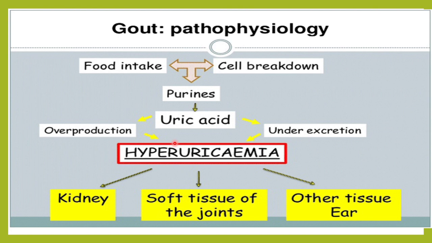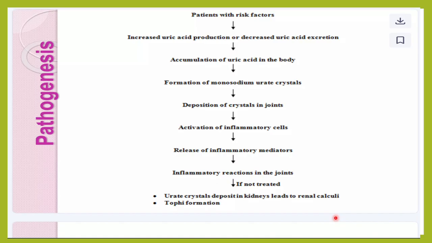So the pathophysiology of gout, remember, depends upon hyperuricemia. There has to be hyperuricemia, either by food intake or by cell breakdown. There could be overproduction or under-excretion. Once there is hyperuricemia, that is what causes kidney damage, soft tissue and joint space damage, and it can also get deposited in other tissues like ear lobes, etc. So in patients with risk factors, there will be increased uric acid production.